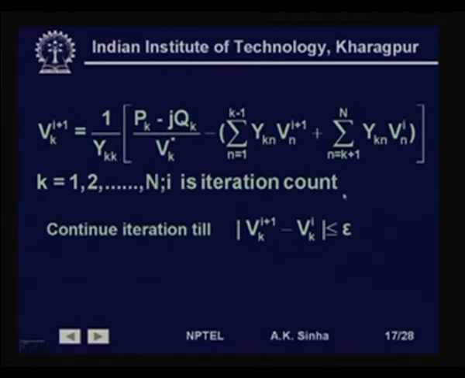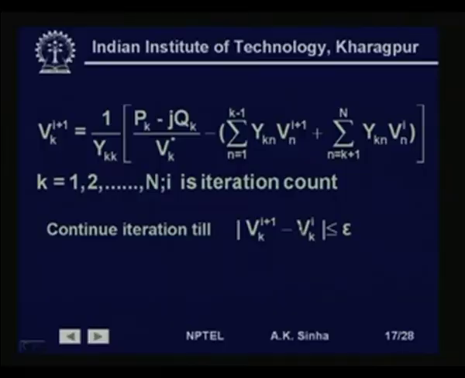We do this till, for all buses k, the magnitude of Vk at i plus 1 minus Vk at i is less than some tolerance value that we have specified. So, if we do this iteratively, then we will reach a solution, when the update and the previous value show hardly any change at all the bus bars.